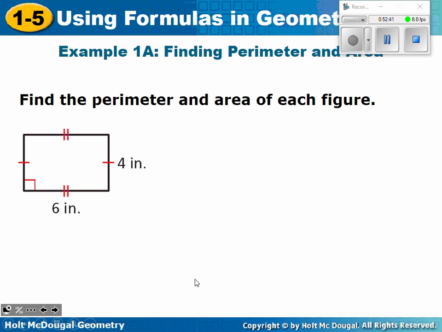Okay, area formula is length times width, which means you have 6 times 4. My chemistry teachers will encourage me to include my units in my work in geometry because then when you get to chemistry, how many of you are in chemistry this year? How many of you are in physical science? Okay, the rest everybody's in biology. So when you get into chemistry, you're going to be dealing with units a lot.